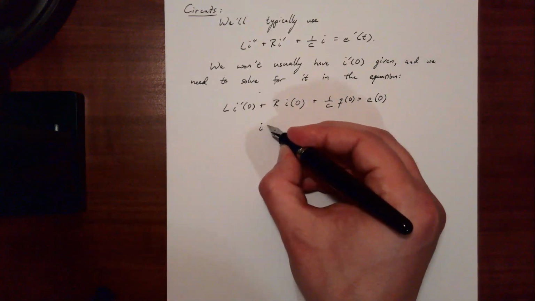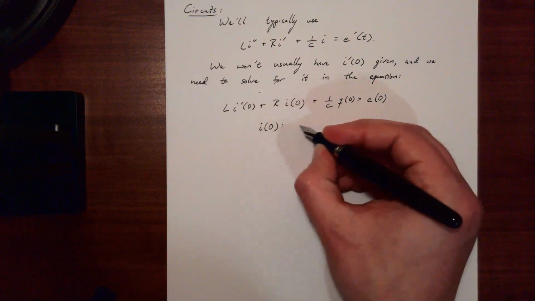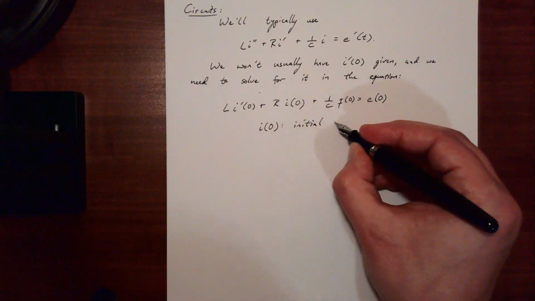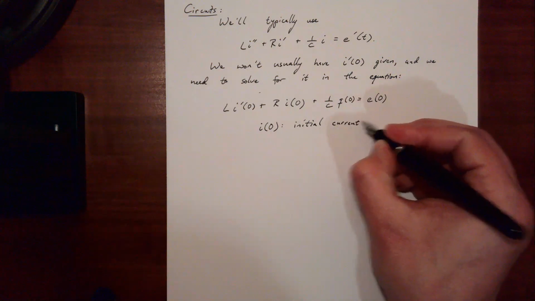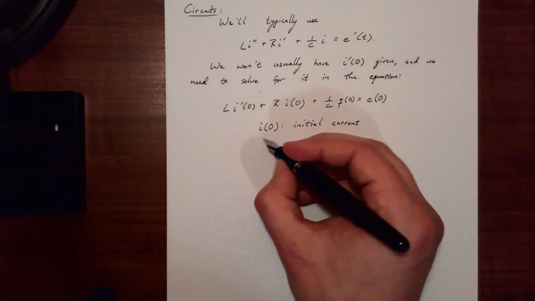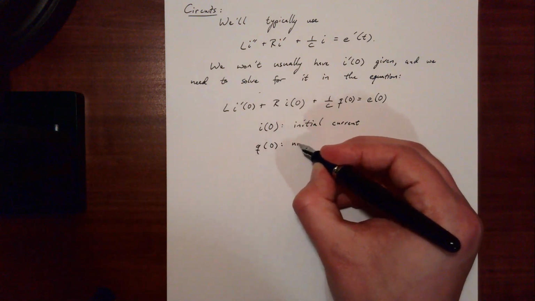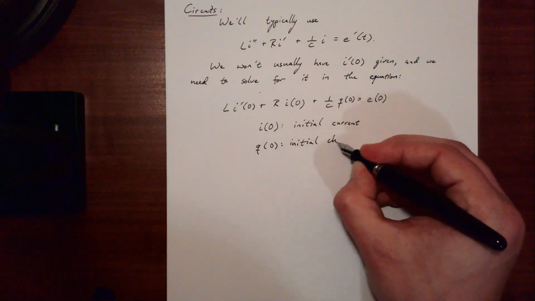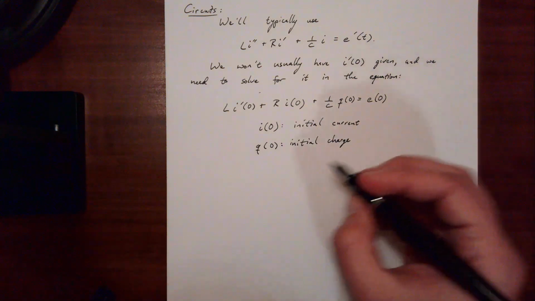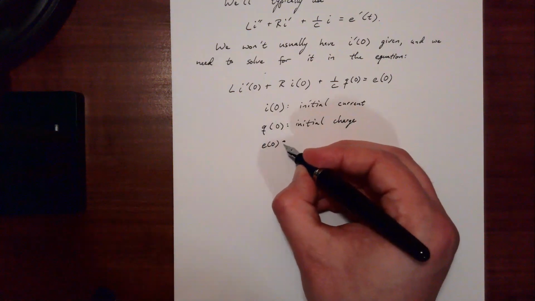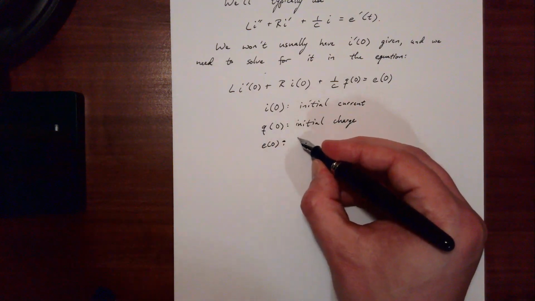And all the pieces here are I of 0, the initial current. Q, of course, is the initial charge. And E of 0 represents the initial voltage.